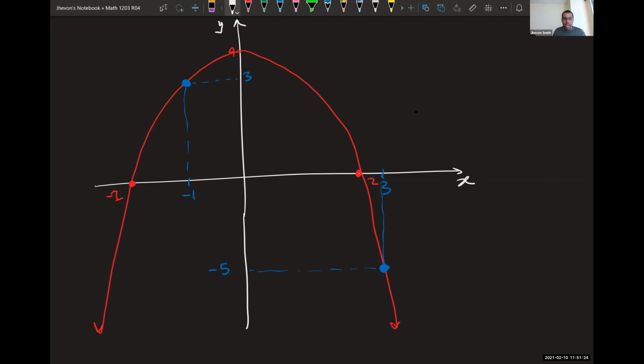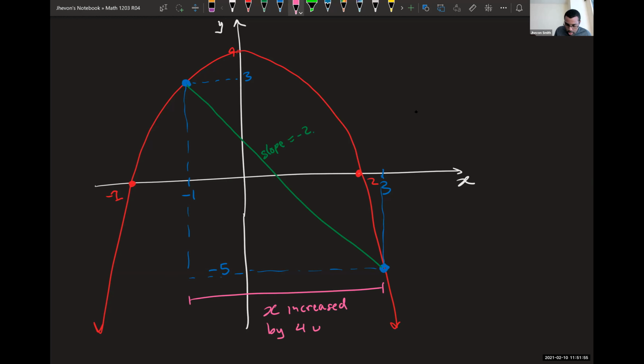Right? And so now what are we saying? If you connected these with a straight line and measure the slope, you'll end up getting that the slope is minus 2. Now, what does that mean? Basically, you'll notice that in this time period, x increased by 4 units, right? My x values went from minus 1 to 3. How much increase was that? I added 4 units, right? Minus 1 plus 4 gives me 3.